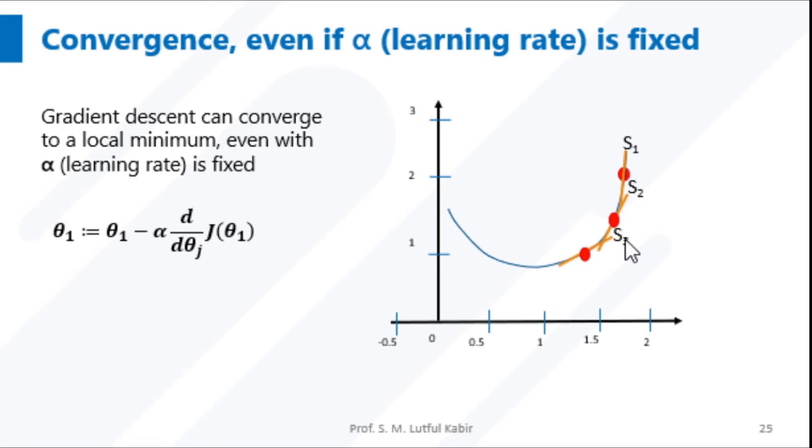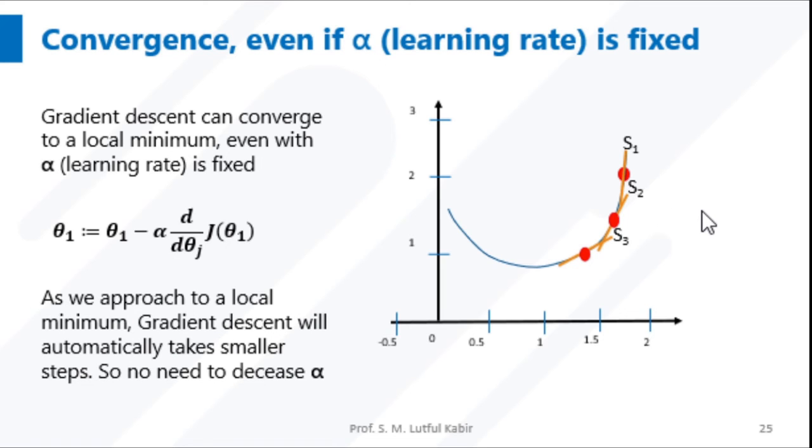The slope S3 is less than S2, so the subtracting term has again reduced. That means as you progress towards the minimum point, the term which we are subtracting is reducing gradually, even though alpha is fixed. As we approach the local minimum, gradient descent will automatically take smaller steps. So there is no need to decrease alpha.